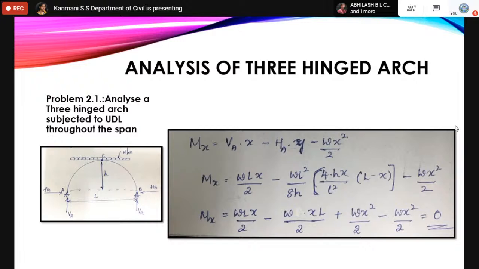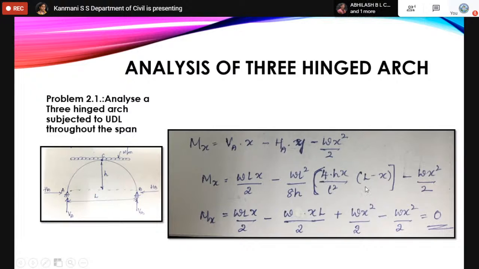This is a major and important question usually asked, that is, moment at any section X. If you want moment at any section X, we need to find what Y is first. We know that the Y formula is 4HX divided by L square into L minus X. Moment at any section X is VA into X minus HA into Y minus W into X into X by 2, which is WX square by 2.